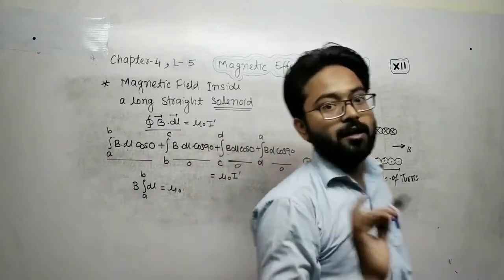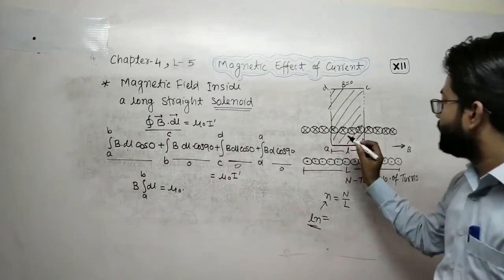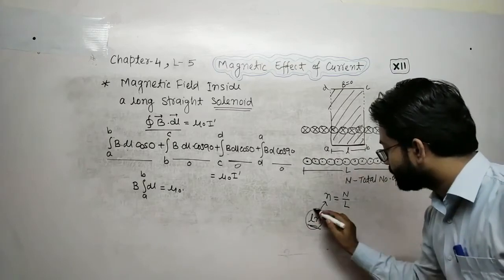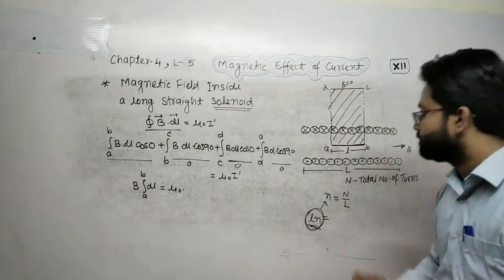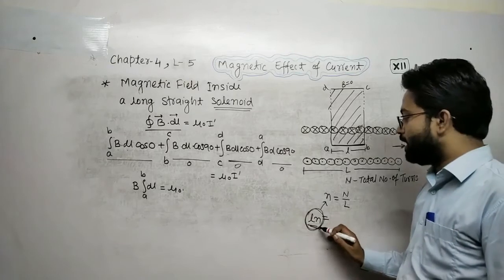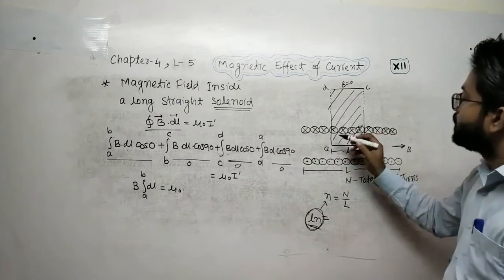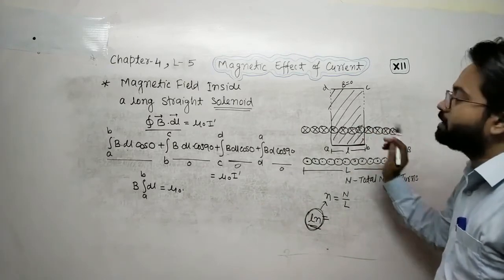There may be a number of wires. How many? This much, L into N. L into n number of wires are threading this particular area.